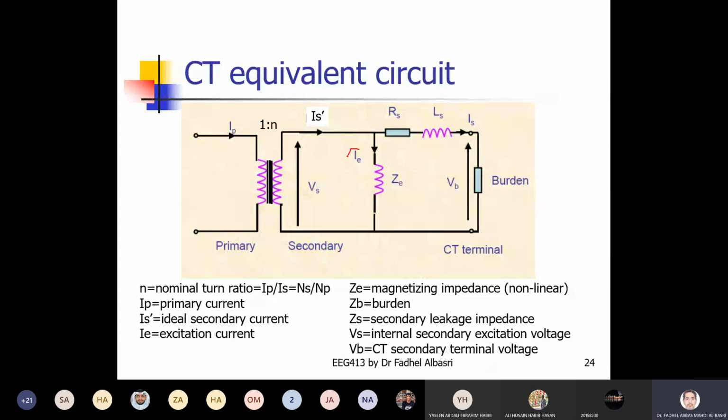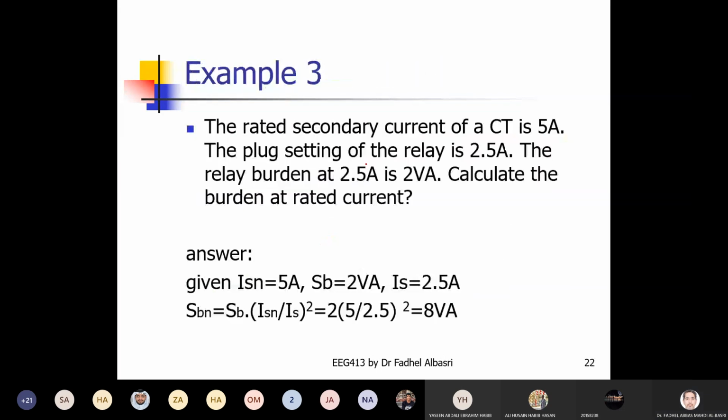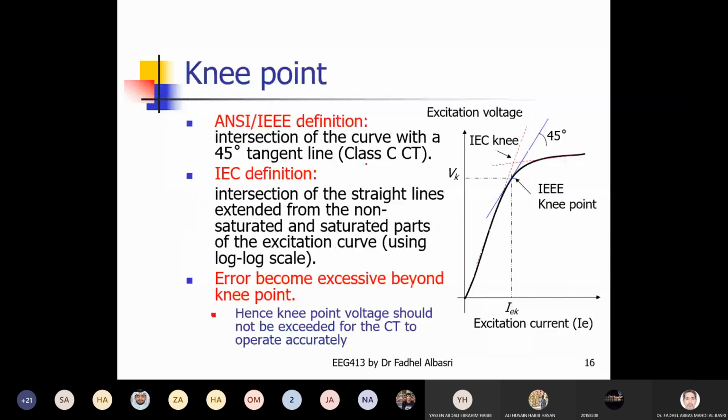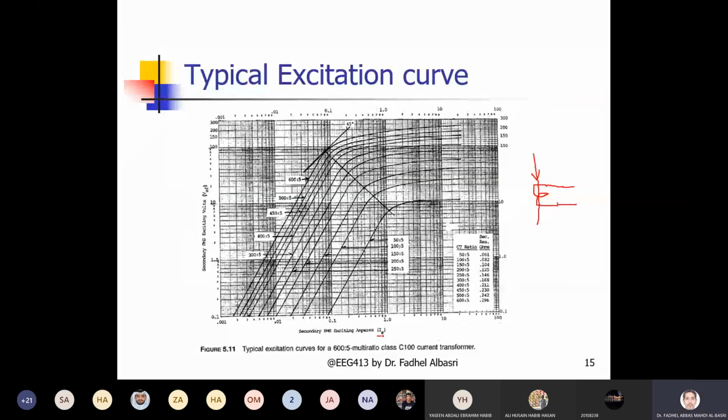The excitation current is the magnetizing current that goes in the magnetizing branch, this is IE, and the excitation voltage is the voltage at the secondary side of the current transformer, which is Vs. So this curve plots the relationship between Vs and IE, the excitation voltage.